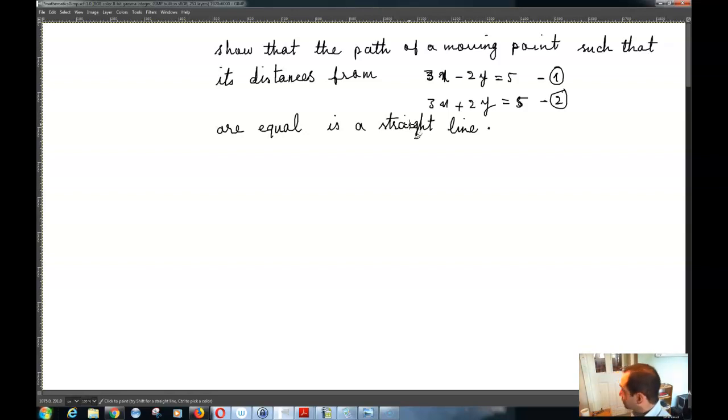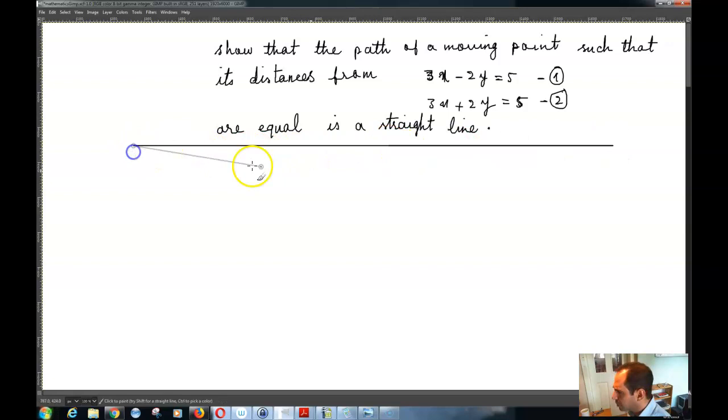So basically the lines over here are 3x minus 2y is equal to 5 and 3x plus 2y is equal to 5. Now the solution is also interesting. Well, I did not think of the solution. I just read it and it kind of made sense to me. Not yet, but let's go through the solution together.